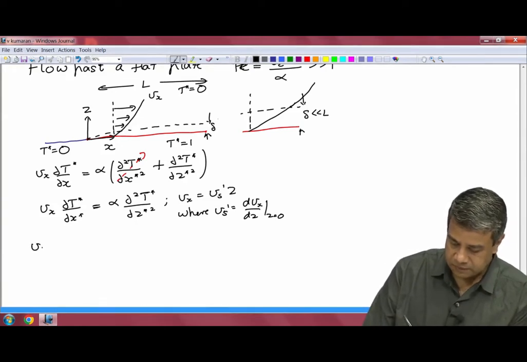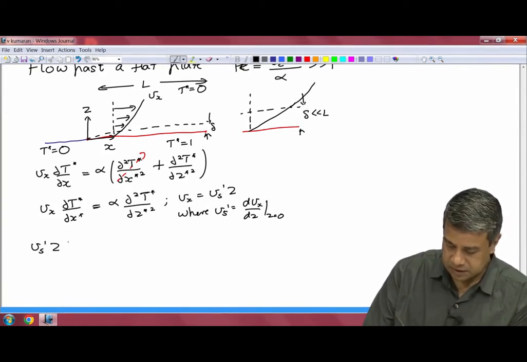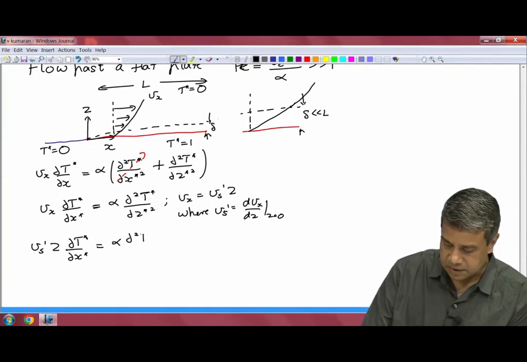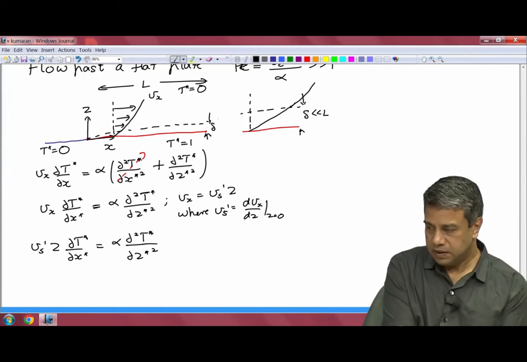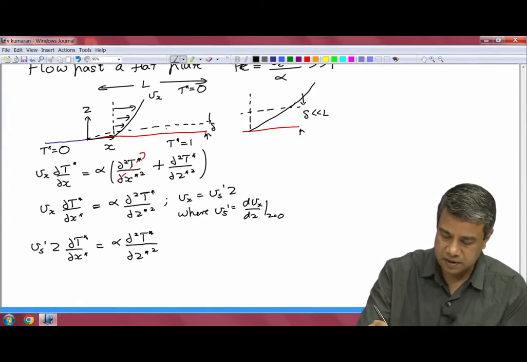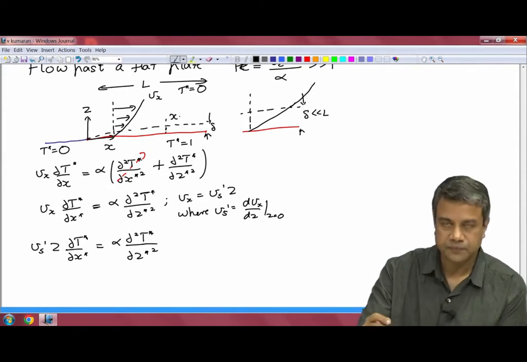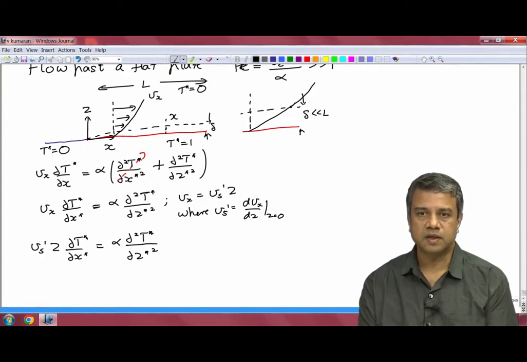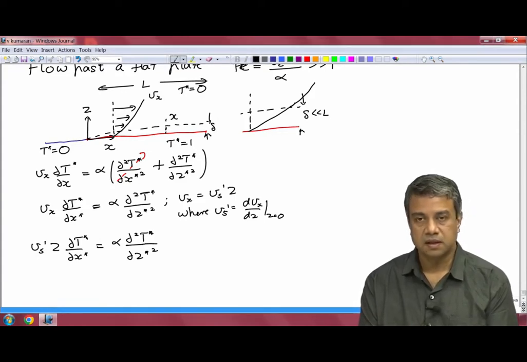And therefore, we got V s prime z partial T by partial x is equal to alpha times partial square T by partial z square. And then came the second assumption, that the temperature at a particular location x is not determined by conditions downstream, because conditions downstream cannot affect the temperature at an upstream location.